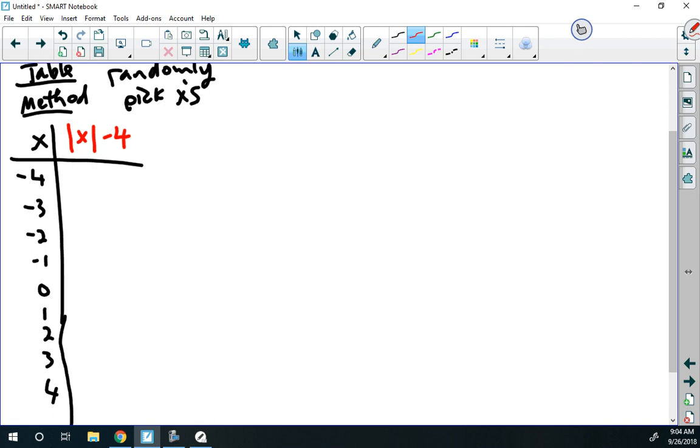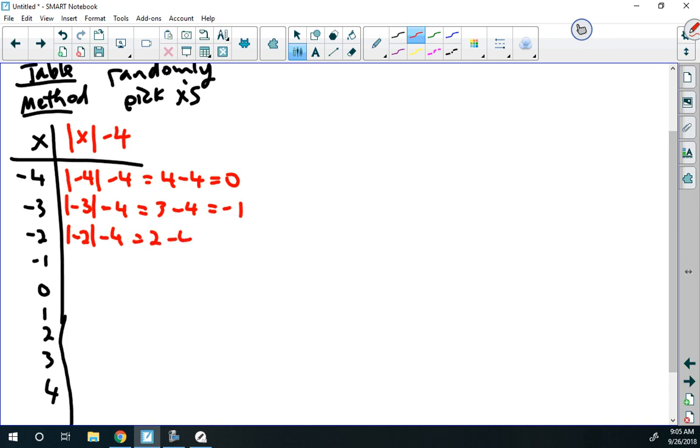So let's see. If we plugged in negative 4, we'd have the absolute value of negative 4 minus 4. So that's 4 minus 4, that's 0. If we plugged in negative 3, we'd have the absolute value of negative 3, minus 4, so that's 3 minus 4, that's negative 1. The absolute value of negative 2 minus 4, that's 2 minus 4, that's negative 2.